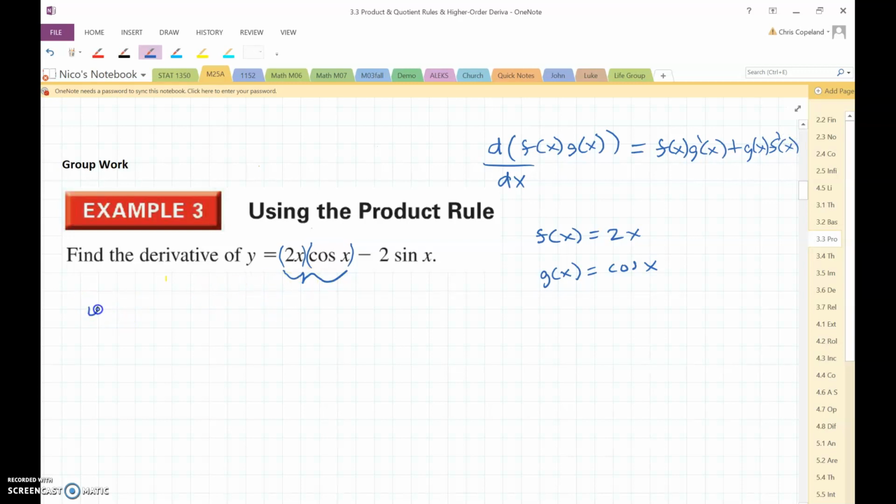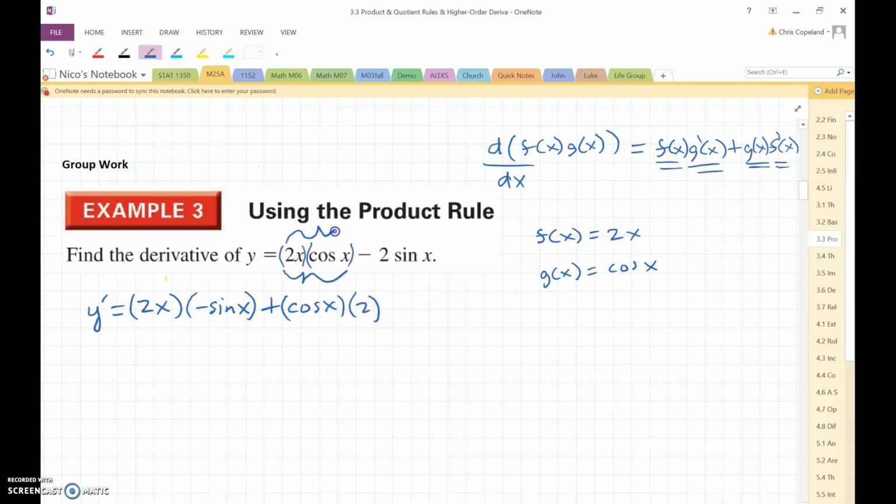Okay, so let's go through and see if we can do this. So we're going to say y prime is equal to f of x, which is 2x, times the derivative of g of x. Well, the derivative of cosine of x would be negative sine of x, plus g of x, which is cosine of x, times the derivative of f of x, which would be 2.